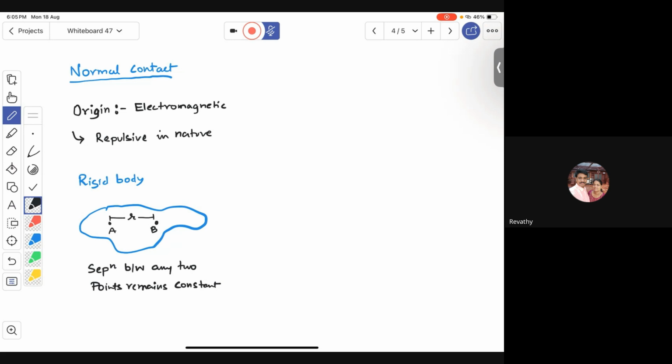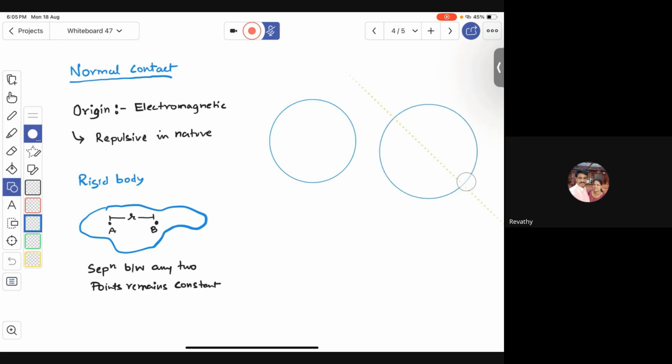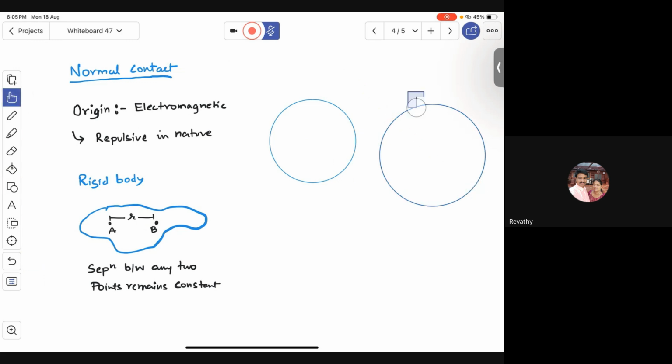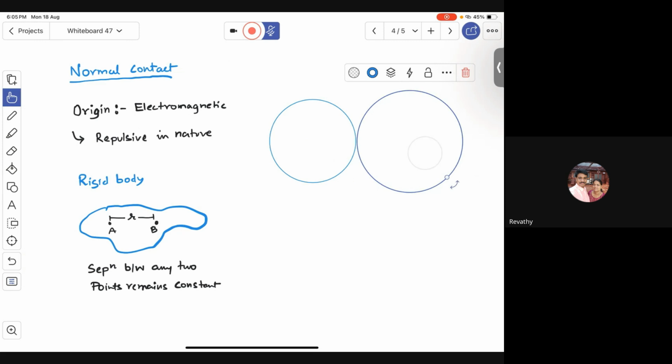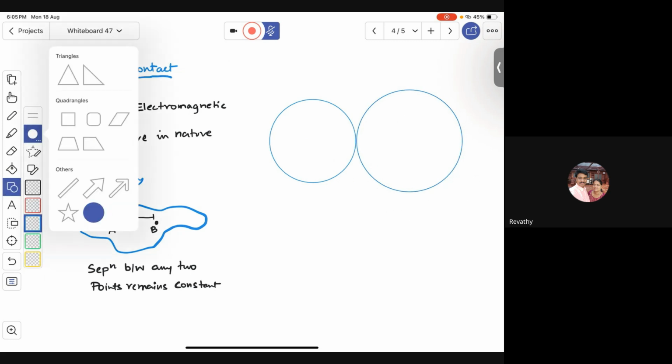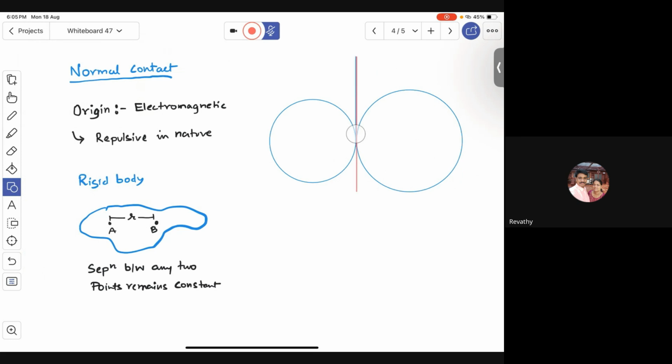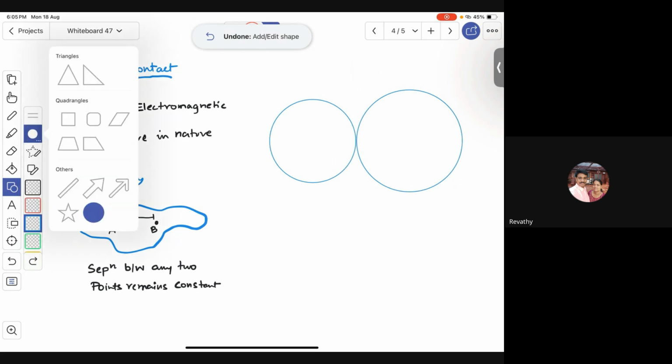Suppose I have two arbitrary shaped, maybe two curved rigid bodies in contact, then what kind of contact will they have? I can say they are going to have a point contact since they are not deforming each other. Wherever they have that point contact, at the contact point, I will drop a tangent.